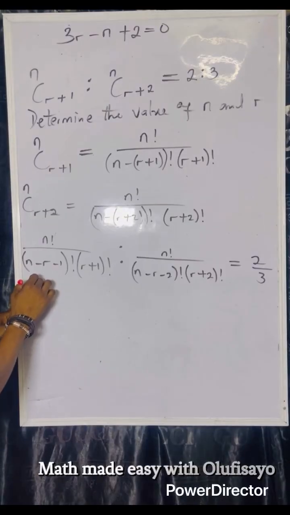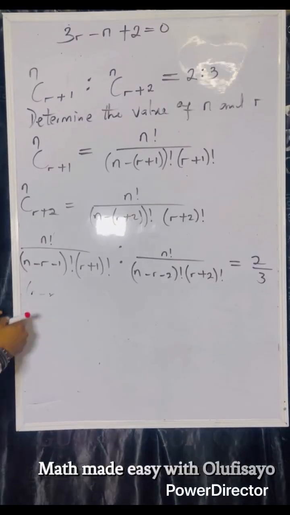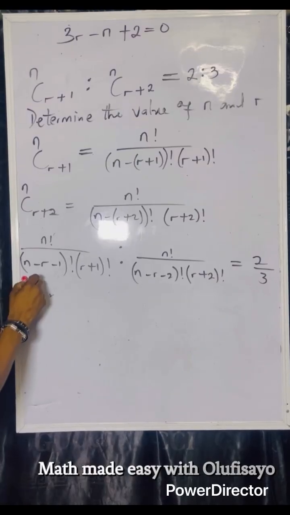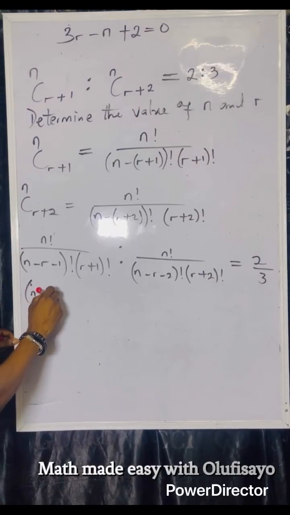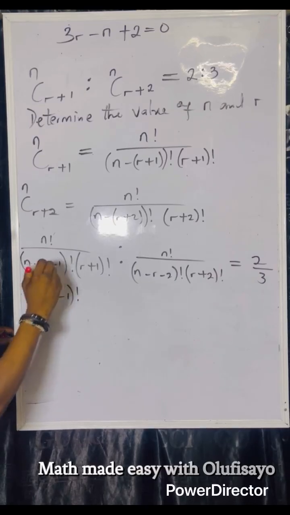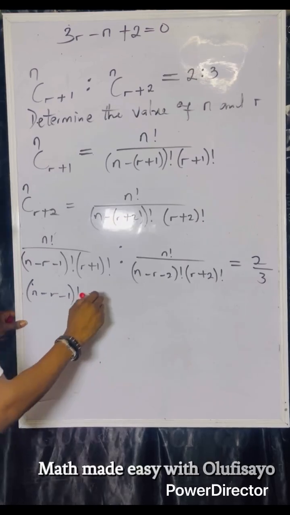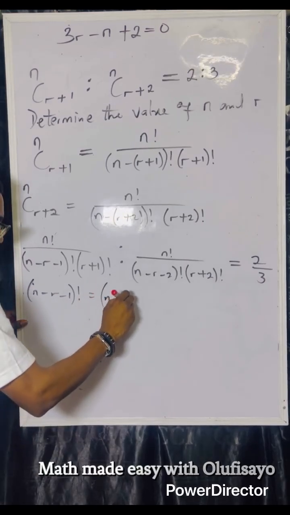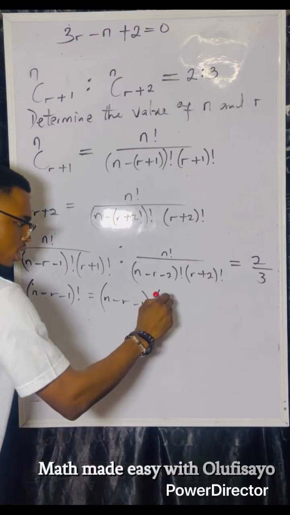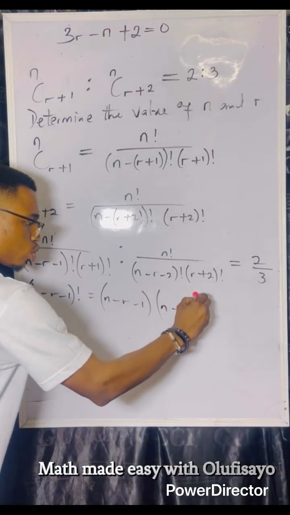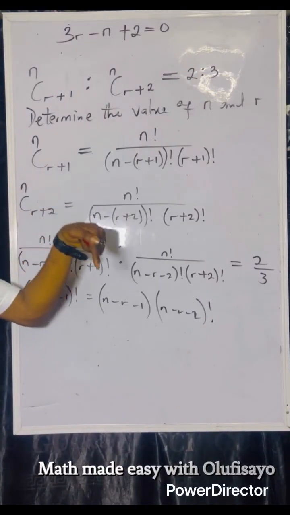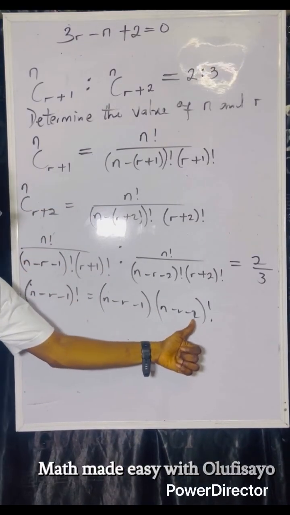Now, according to what we were told the other time, (n - r - 1)! is the same thing as (n - r - 1)(n - r - 2)!. If I remove 1 from this, that will give us (n - r - 2)!.